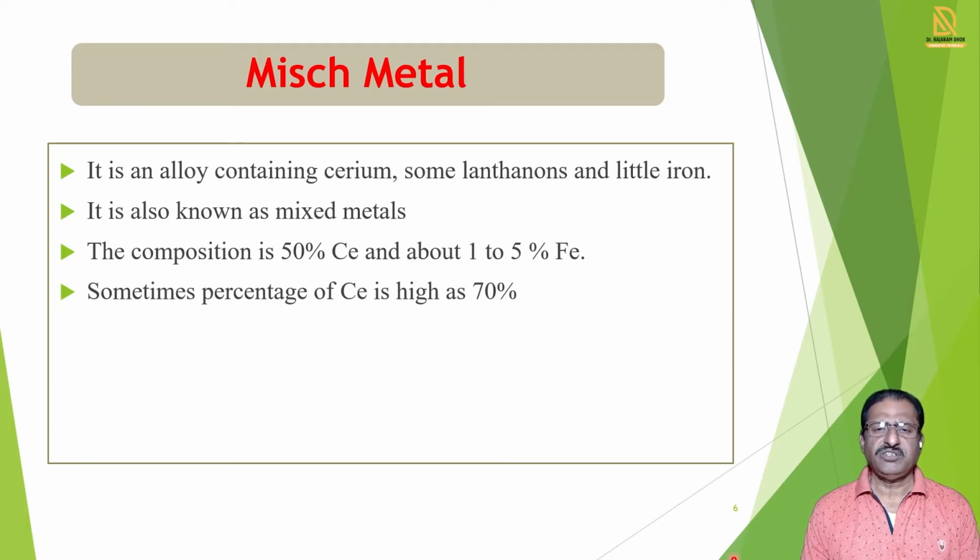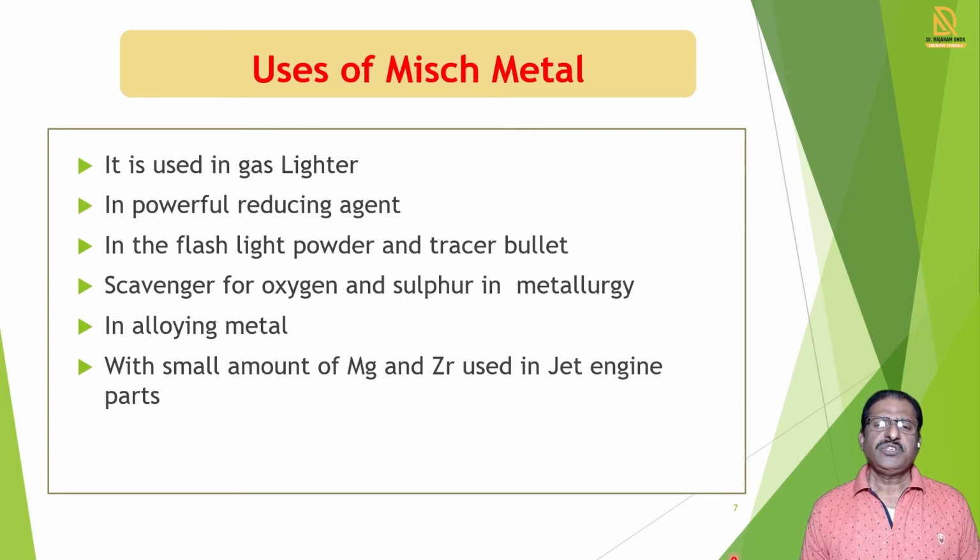Sometimes the percentage of cerium may be maintained higher, about 70% cerium, 1 to 5% Fe, and the remaining percentage is the other lanthanones. Such mixed metal has large importance.